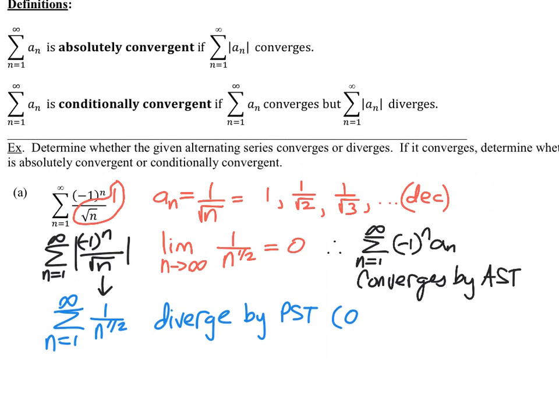All right, so more than 0, less than 1. All right, so therefore, lots of therefores in this one. That original series, negative 1 to the nth times a sub n, is conditionally convergent.